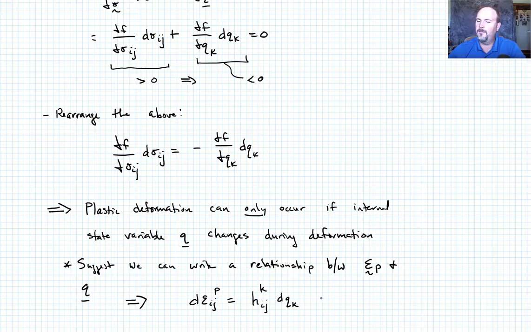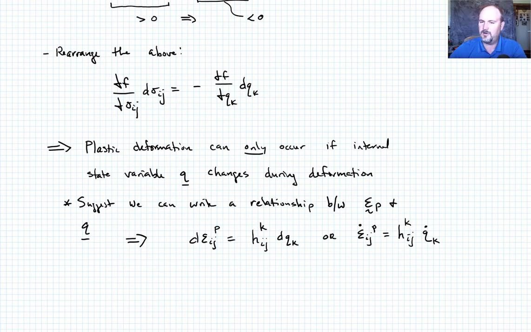Or in rate form, we can write epsilon ij plastic dot equal to H_ij^k times q dot k. Okay, those are equivalent statements.